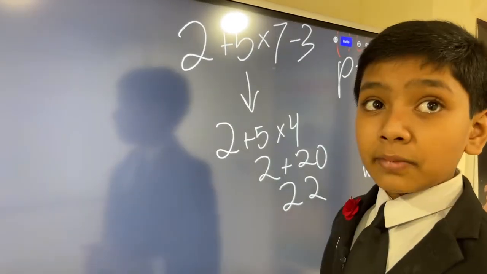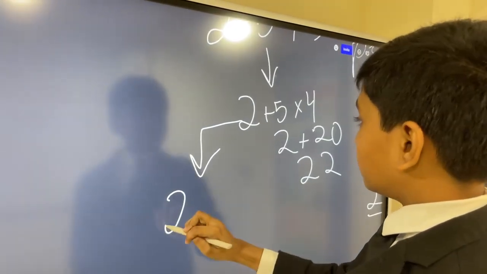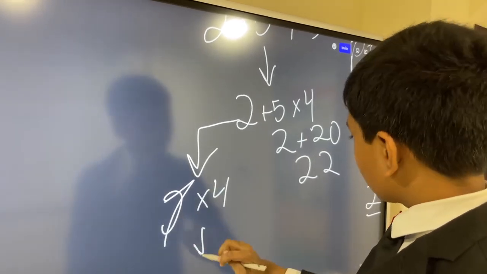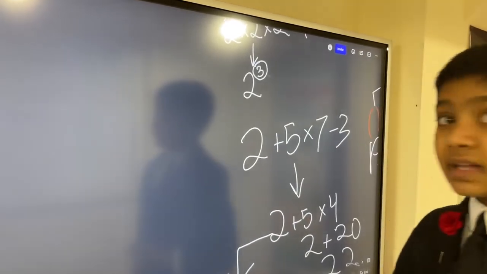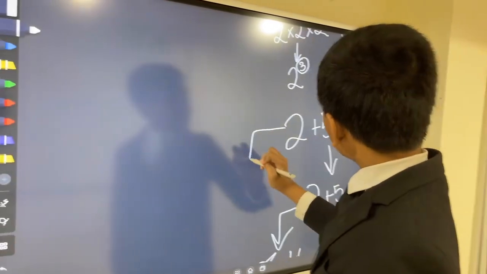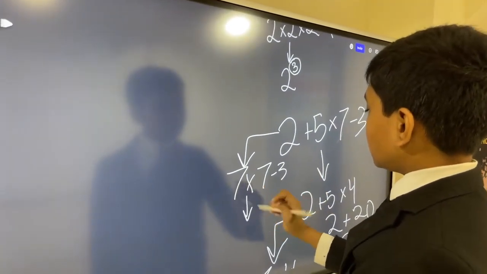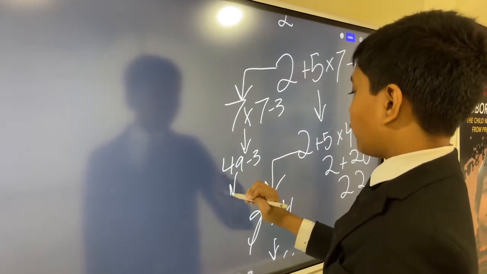And another person might go like, no, you did it wrong. This should actually be 2 plus 5 is 7 times 4. So it's 28. And then some person might be like, oh, but you did it wrong as well. It's going to be 7 times 7 minus 3. So 49 minus 3, or 46.